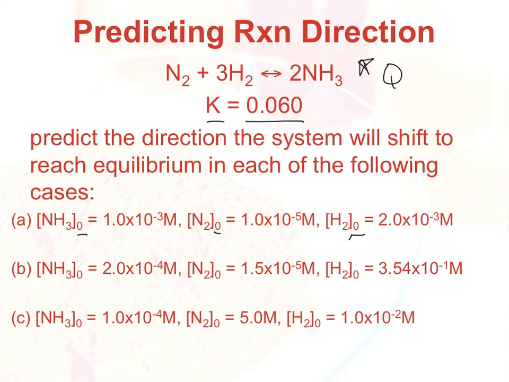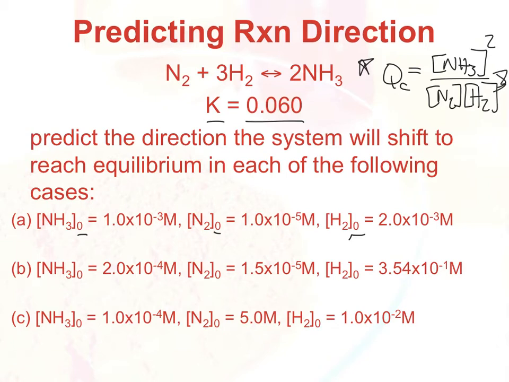We're going to write the reaction quotient expression as follows. Qc is equal to the concentration of NH3 squared over the concentration of N2 times the concentration of H2 cubed.